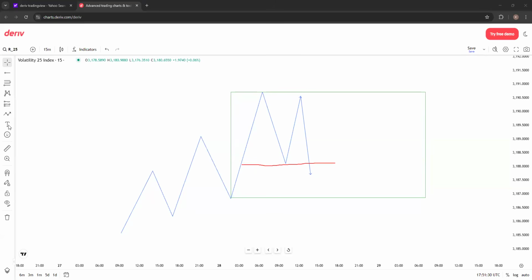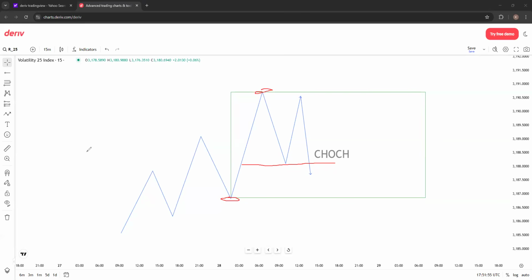Rather, it's a change of character. And what this change of character tells us is, all right, we might just go down. But remember, we already have a protected low and a high, which price has to break either way, right?